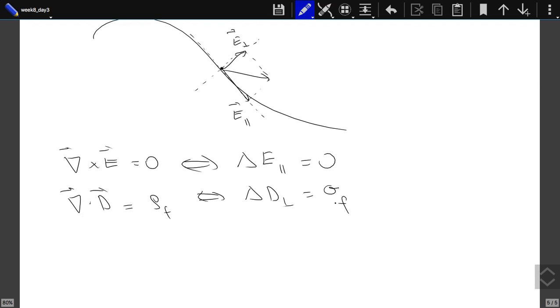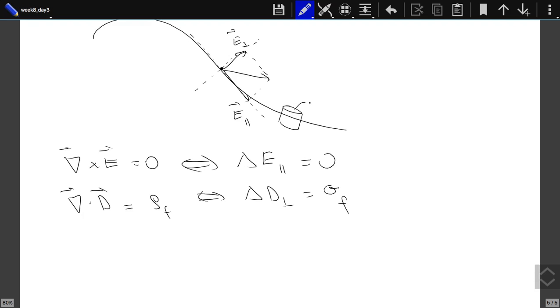Do you remember how we obtain this relation? Basically, to obtain the discontinuity in the perpendicular component from divergence of D, just to refresh your minds, we assumed a cylindrical Gauss surface and we applied Gauss's law.